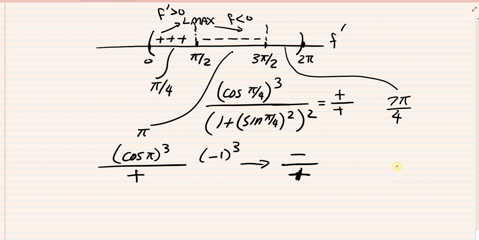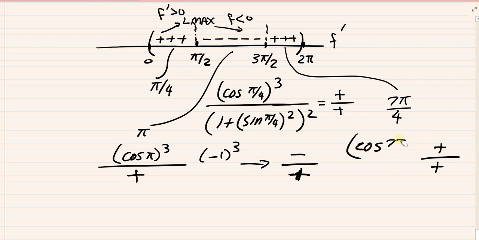At 7 pi over 4, cosine of 7 pi over 4, because we are in the fourth quadrant, cosine will be positive. You cube it, it's going to stay positive. Denominator, we said, was always positive, so this will be positive. Notice I'm not using a calculator to actually get these numbers, because that's not what we want to do, right?